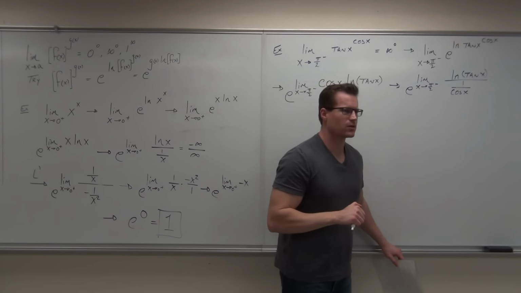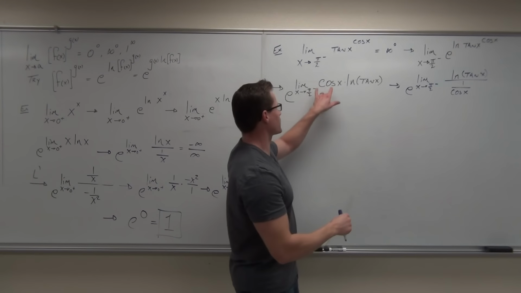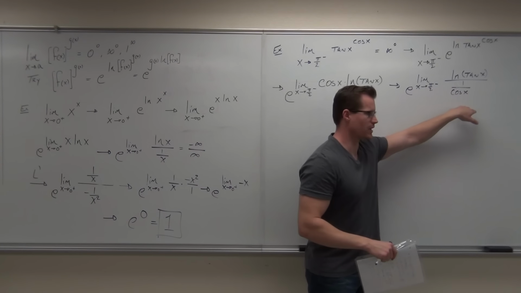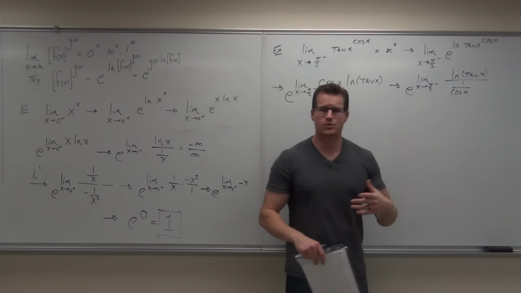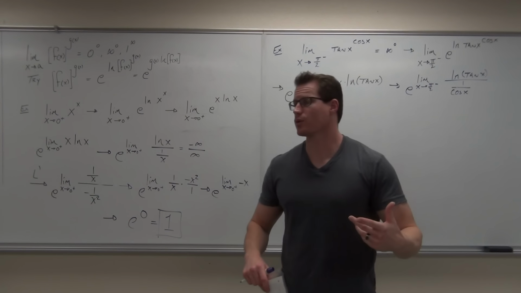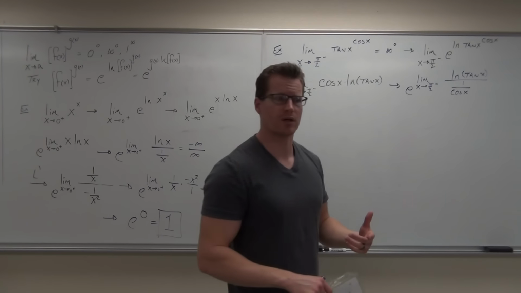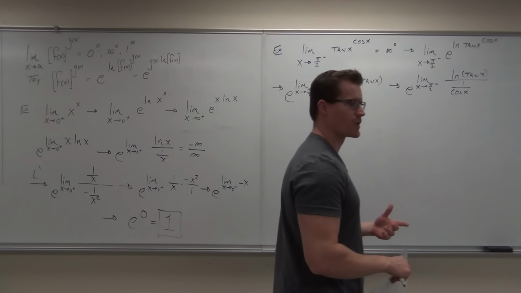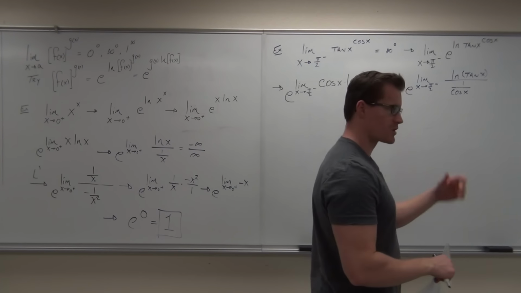You guys okay with that so far? So you can do that every time. You say, hey, cosine x, no, let's just put it over 1 over cosine x. It's the same idea. Now, of course, we can simplify this a little bit. Maybe we don't want to work with 1 over cosine x. Let's call it secant.